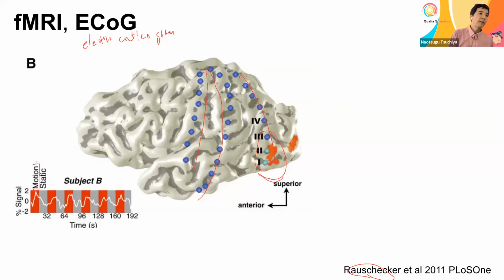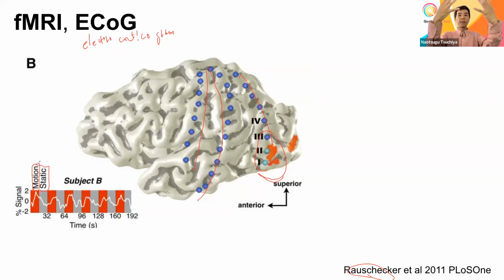The red part is visual motion, like you saw before in that Buddha demonstration, right? They saw expanding and contracting things 2 seconds at a time, and during the gray, they saw the static pattern.